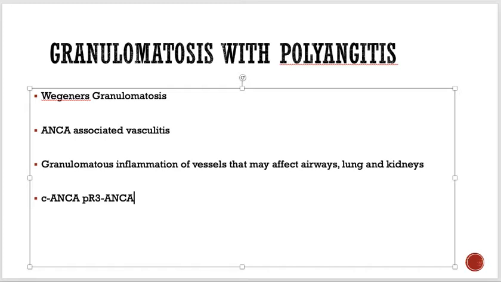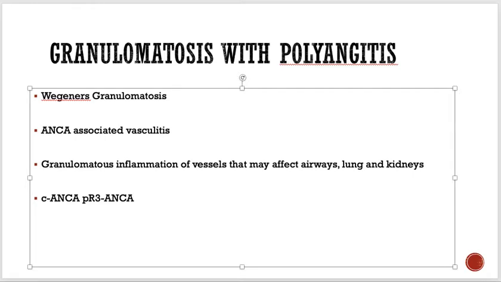So see, these four are the main things. There are four things, right? So out of those four, if two are present, we say that the patient has granulomatosis with polyangiitis, right?